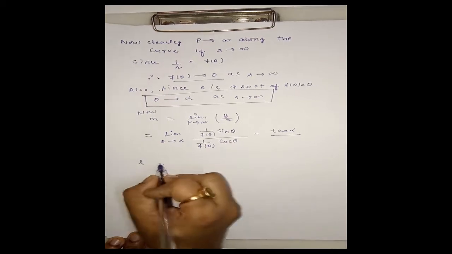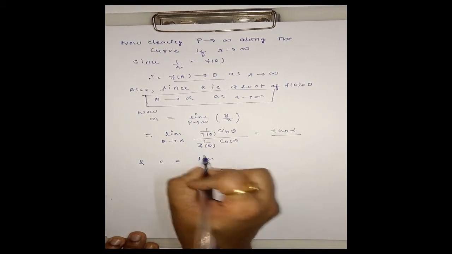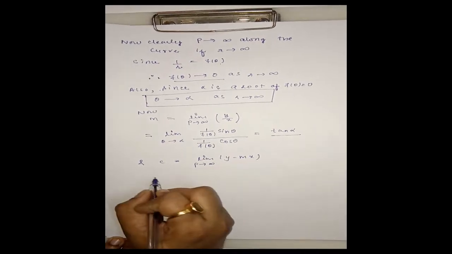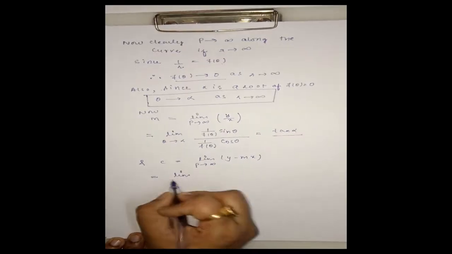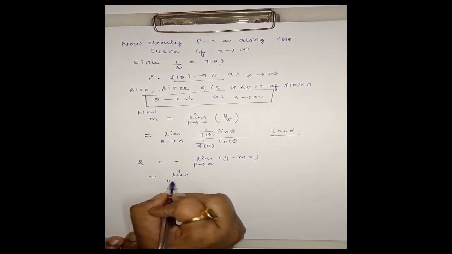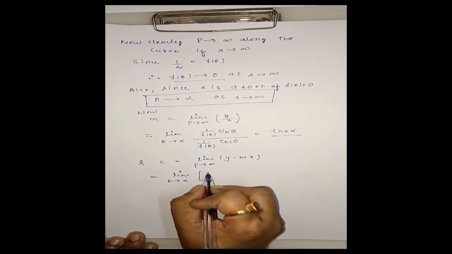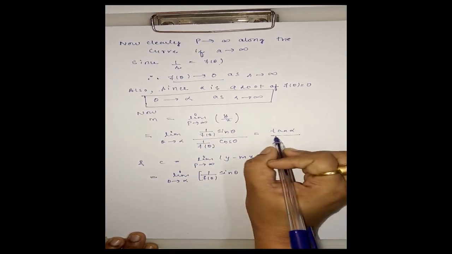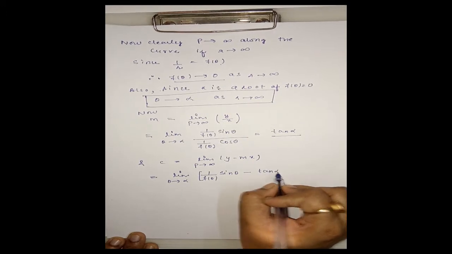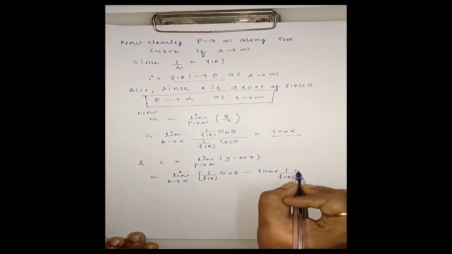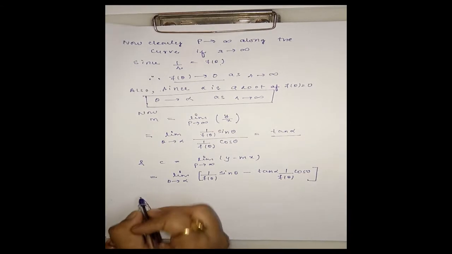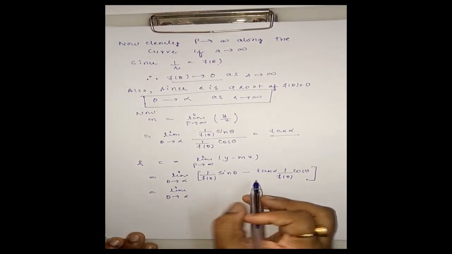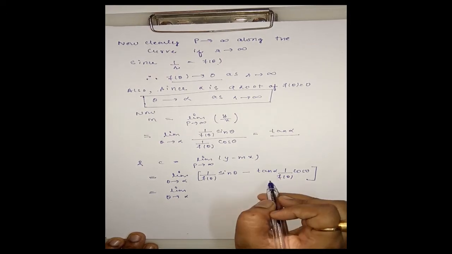Fine. Now c is given by the limit as P tends to infinity of y minus mx. Substituting values of y, m and x here, the limit is theta tends to alpha, where y is 1 upon f theta sin theta, m is tan alpha, and x is 1 upon f theta cos theta. This can be written with tan alpha as sin alpha by cos alpha.